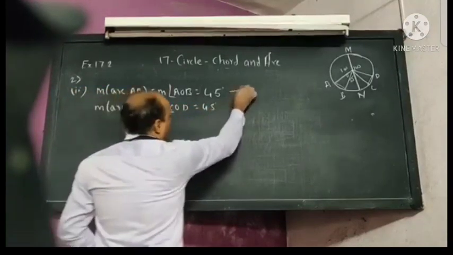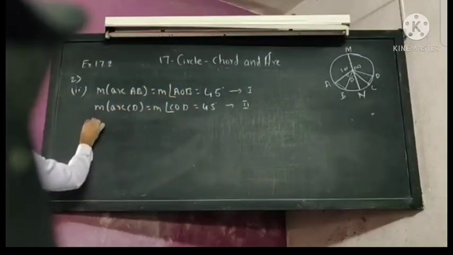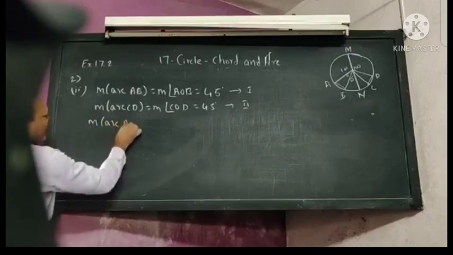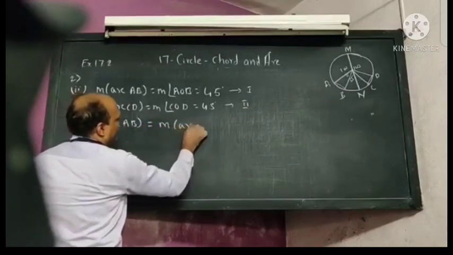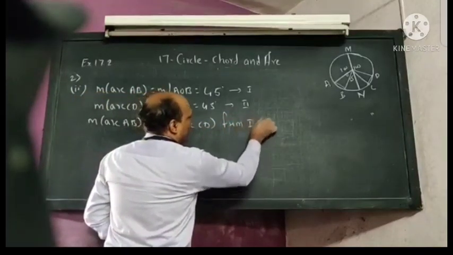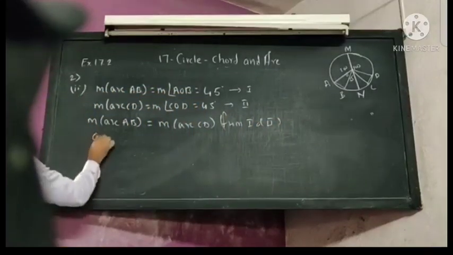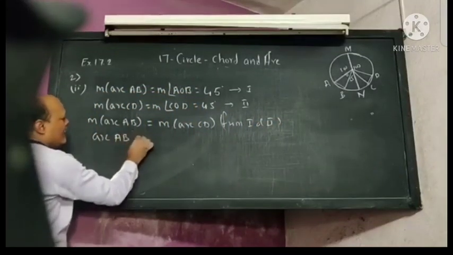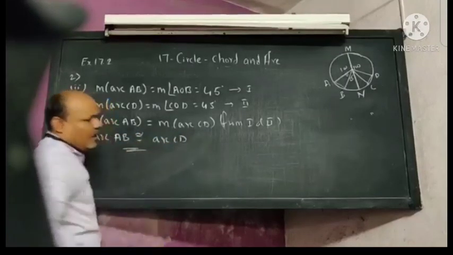This is 1 and this is 2. From 1 and 2, measure of arc AB is equal to measure of arc CD, that means arc AB is congruent to arc CD. I hope all of you understood the second one.